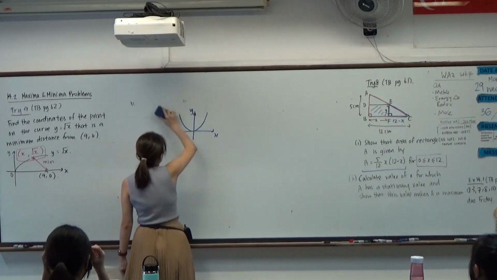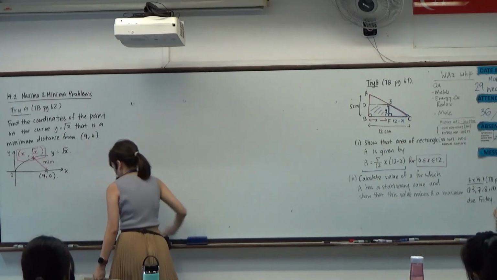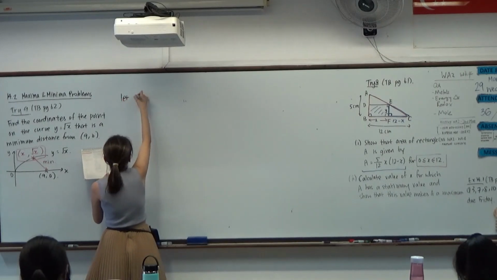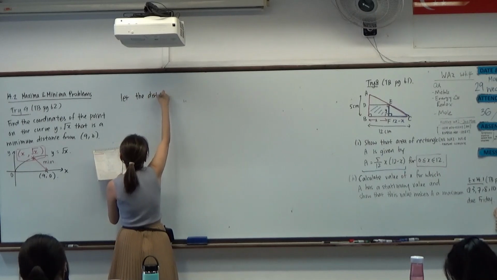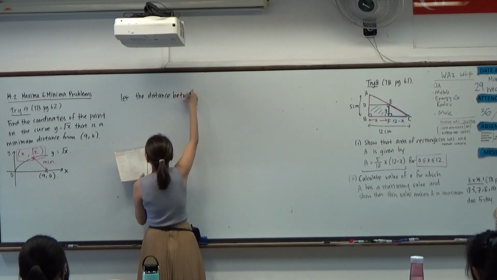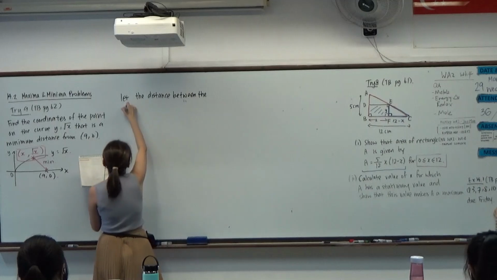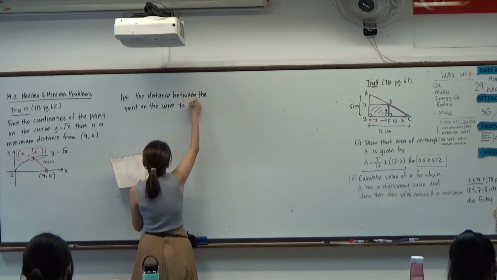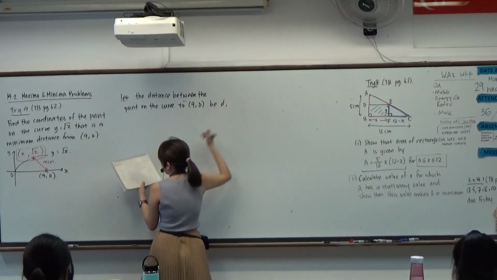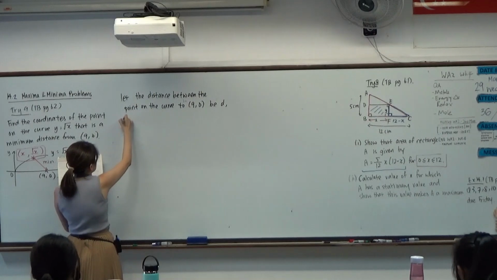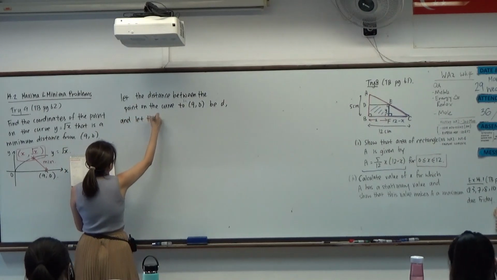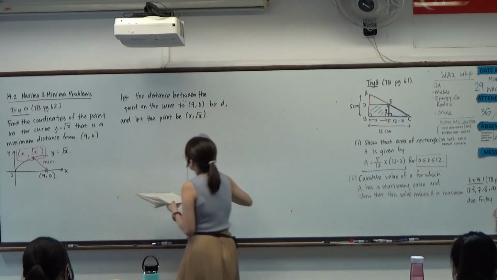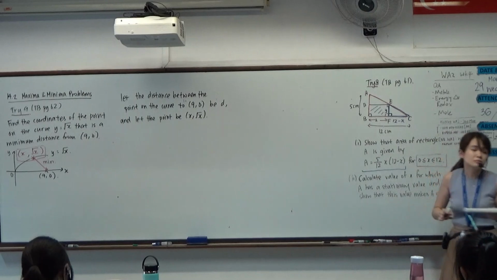So let's define the variable. We let the distance between the point on the curve and the point (9, 0) be the variable d, and let the point be (x, square root x).